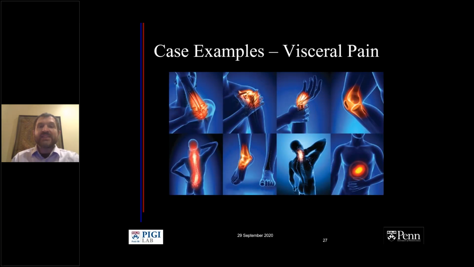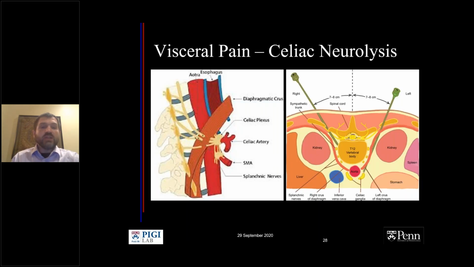Okay, and then let's get into visceral pain. Okay, so bottom right. Visceral pain can be caused by a number of different things, very commonly malignancy, pancreatic cancer, or lymphoma or other retroperitoneal cancers, or peritoneal carcinomatosis in the setting of a lot of gynecologic malignancies.